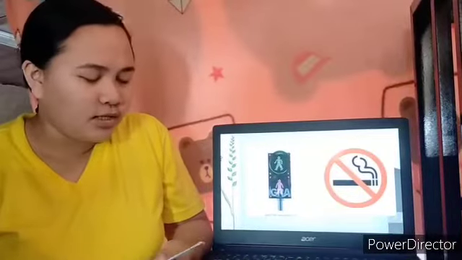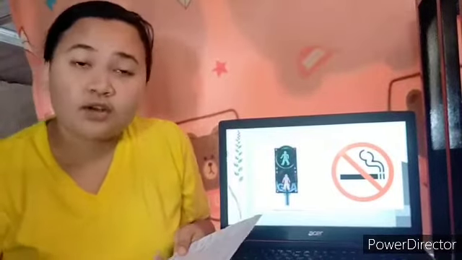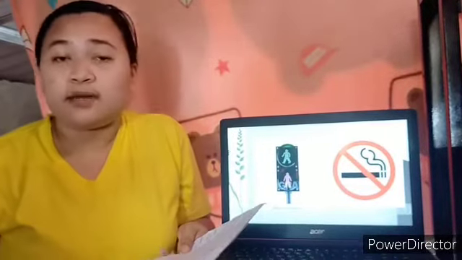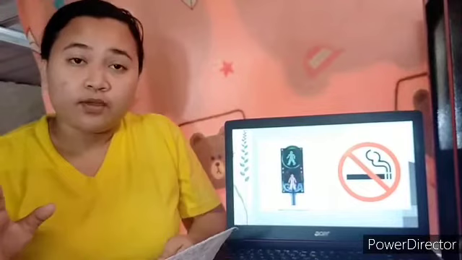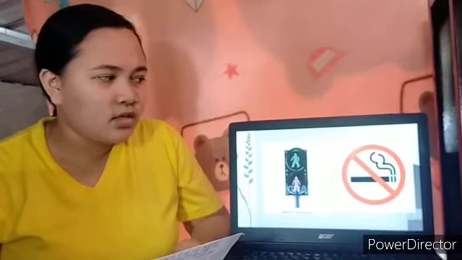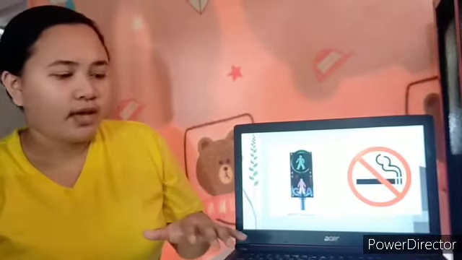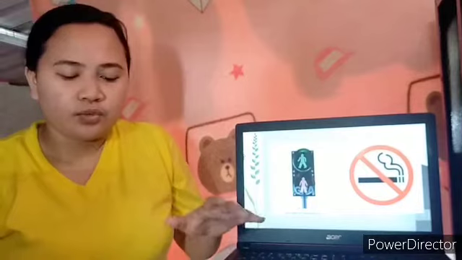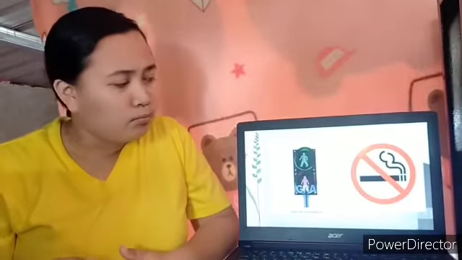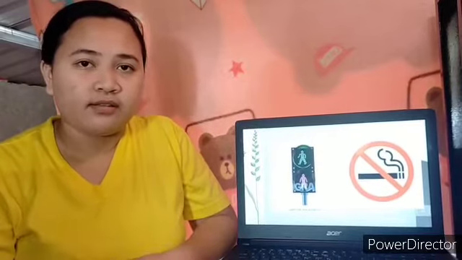For example, in a pedestrian sign, we see the color red light. We automatically stop without seeing the word stop. It is the same with the color green. And the next example is the no smoking sign. By seeing this signage, we automatically think that smoking is prohibited in that particular area.